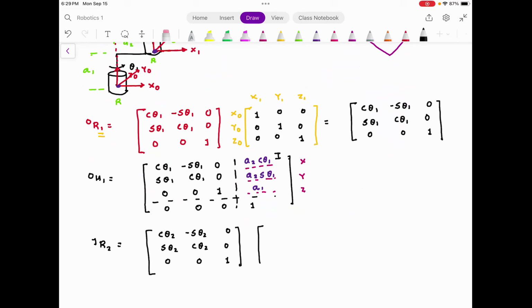And don't forget the projection matrix. Projection of x2, y2, z2 on x1, y1, z1.